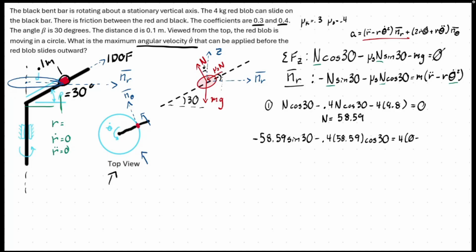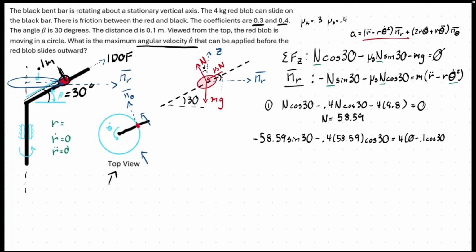We're given a d value over here. So that's this distance right here from this point to this point. So if we want to find this value right here, this r, from here to here, we have to do the cosine of this beta angle, so cosine of 30. So it's just d cosine of 30. Now d was given as 0.1, so we're just going to do minus 0.1 cosine of 30.